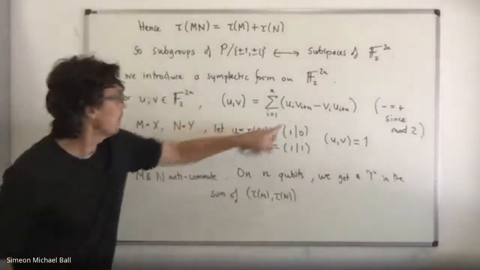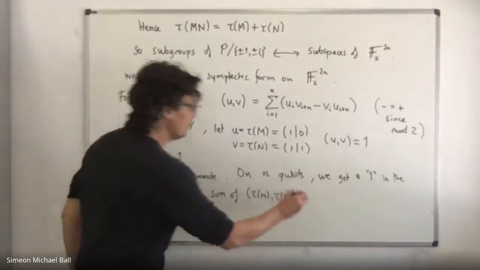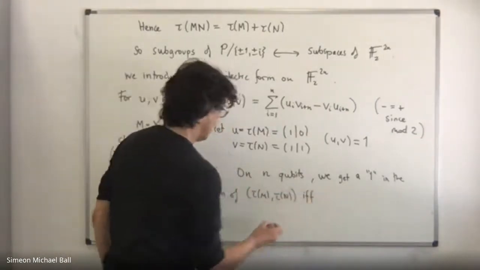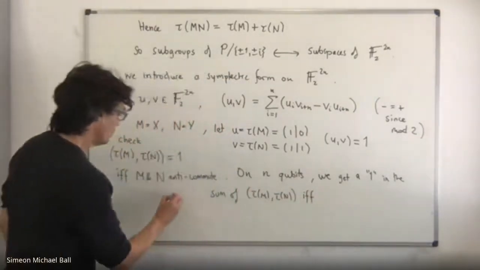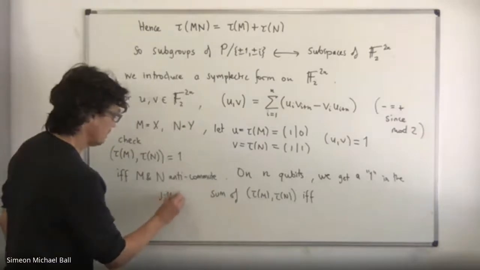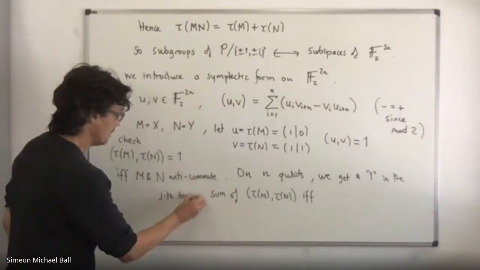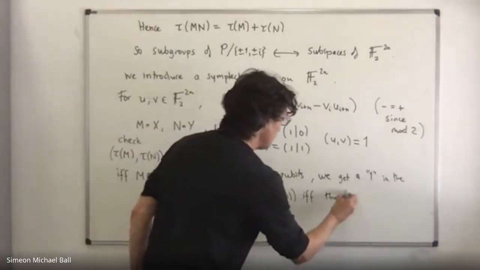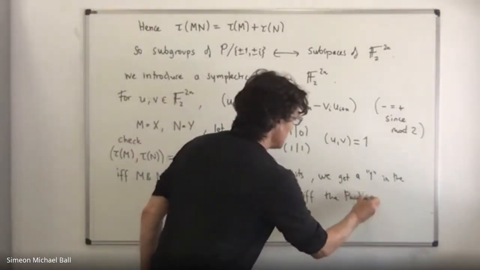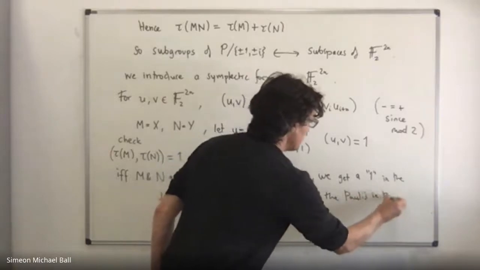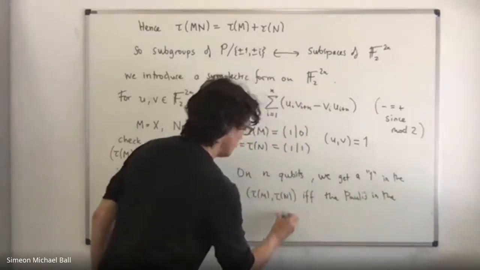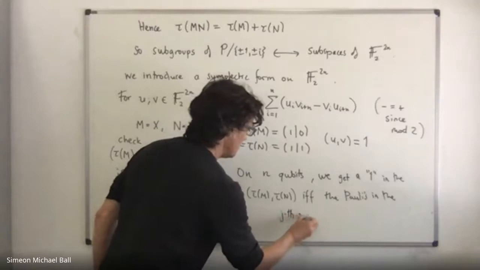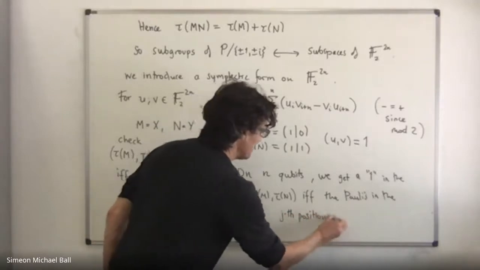So here we get a 1 if and only if, in the j-th term of the sum, the Paulis in the j position anti-commute.